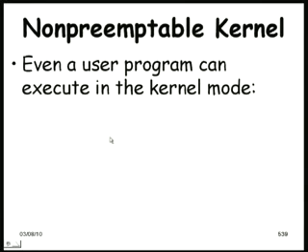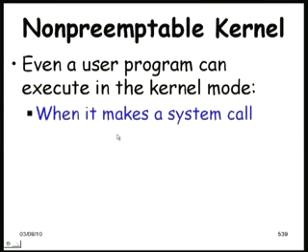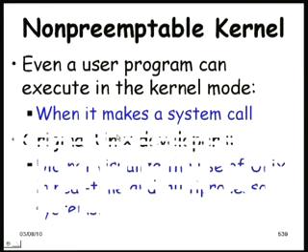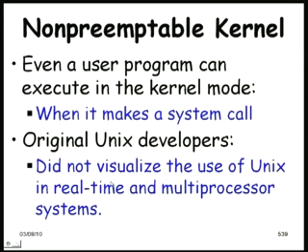Let us look at the non-preemptible kernel part. We had said that even a user program can execute in kernel mode by making system calls, and the original Unix developers did not visualize the use of Unix in real time and multiprocessor systems.